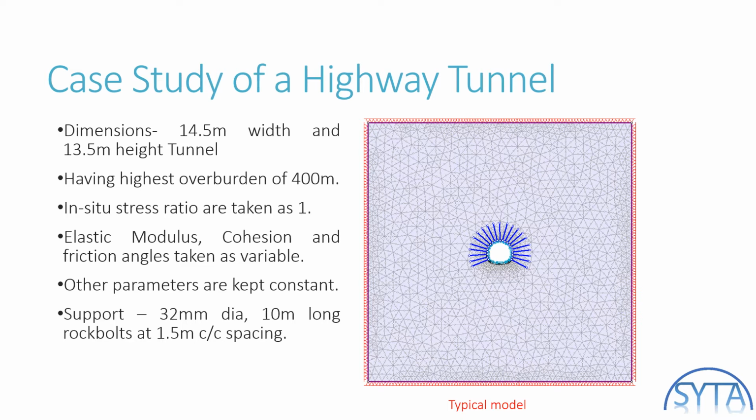All other parameters are kept constant for this analysis. And for the support, we have modeled 10-meter long, 32 dia bolts at a spacing of 1.5 meters center to center. And you can see a typical sketch of the model that is being simulated.